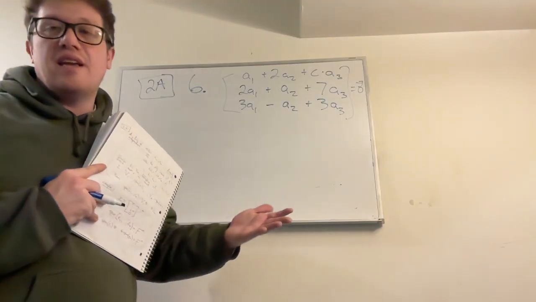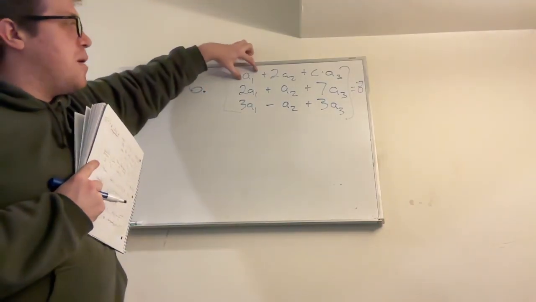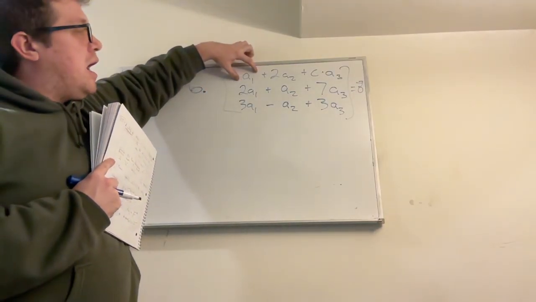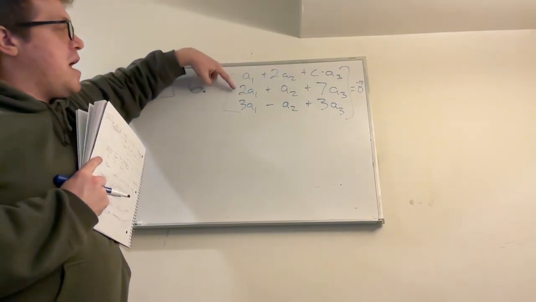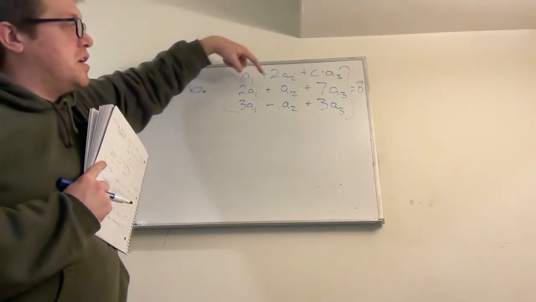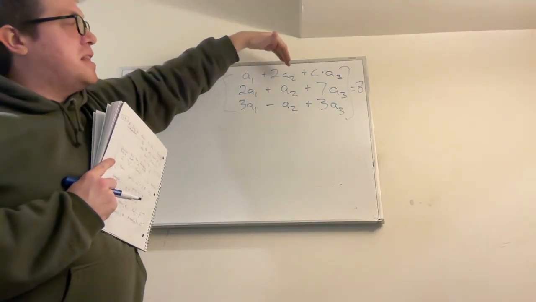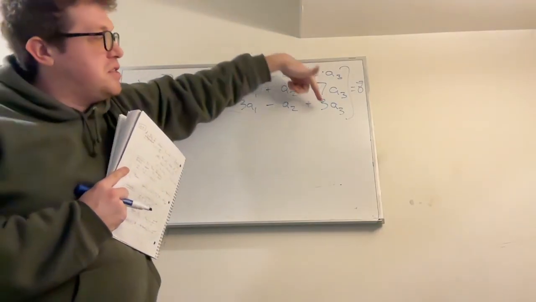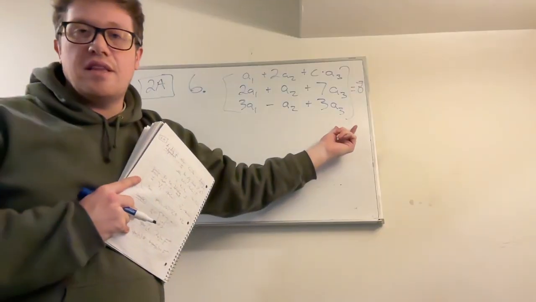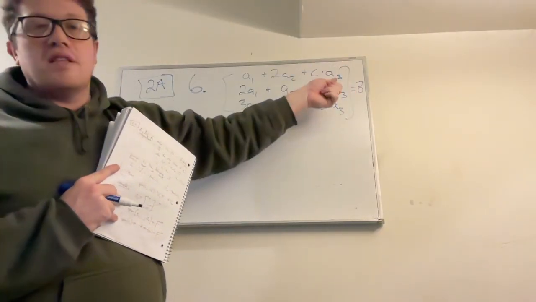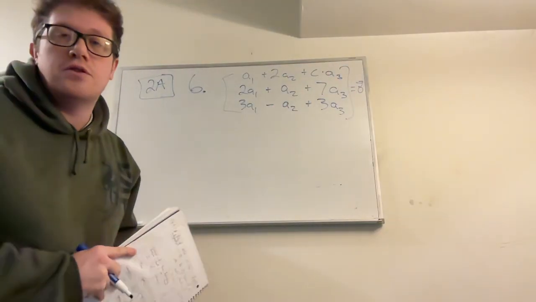That's the idea. So here we're going to isolate A1 first, and delete the A1s from the other rows. Then we're going to try to isolate A2 in the second row, delete the A2s from the other rows, and then same thing for the last one. We're going to try to isolate the A3 here, and then delete the A3 terms from the other two.